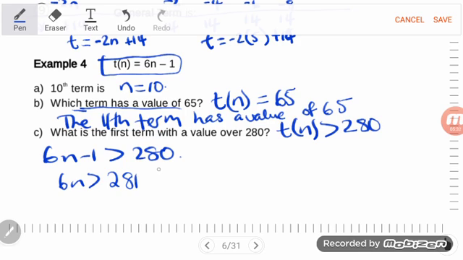So 6n will be greater than 281, 280 plus 1. And like before, where we divided by 6, n has to be greater than 281 divided by 6.